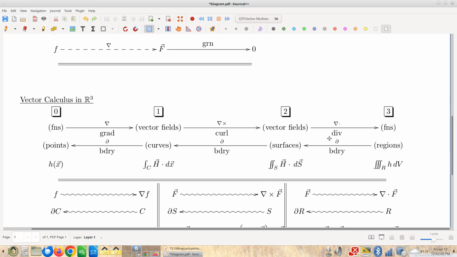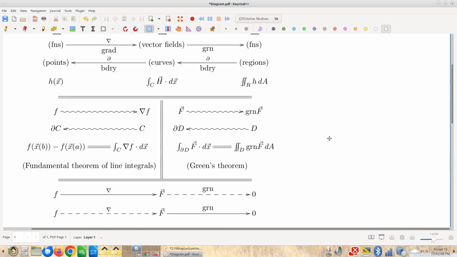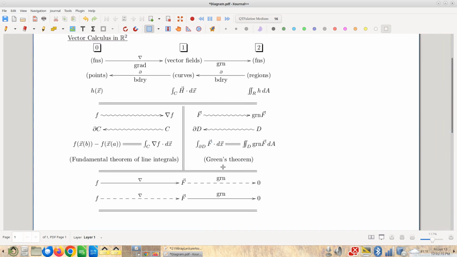So this stuff at the bottom, these are the lifetime theorems that we talked about. Back in chapter 3, I made these claims that if you have a vector field that is the gradient of some function, then the curl would have to be 0. The way I represent that in this diagram is solid lines represent the hypothesis, the assumption that you work with, and the dotted line represents the conclusion that you can draw from that assumption.